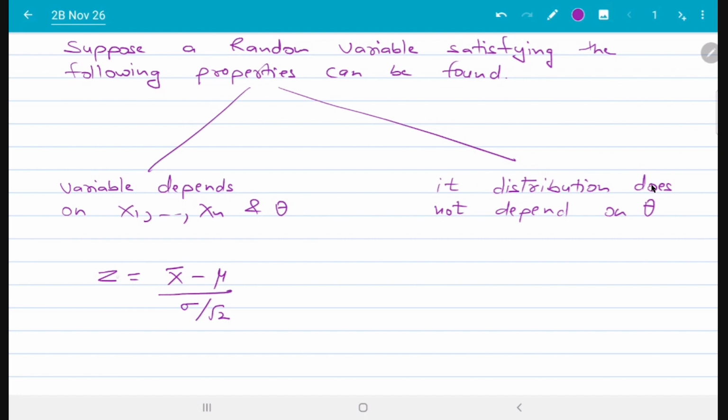The variable Z depends on the sample here. It also depends on the parameter mu, but the distribution does not depend on theta. Whatever the value of mu, the distribution remains standard normal.